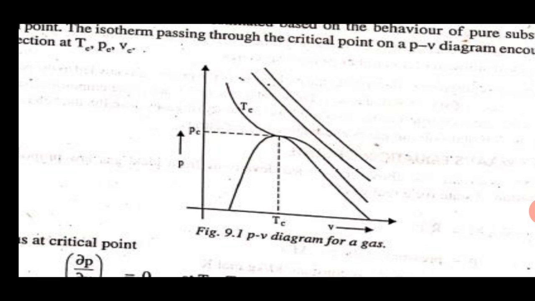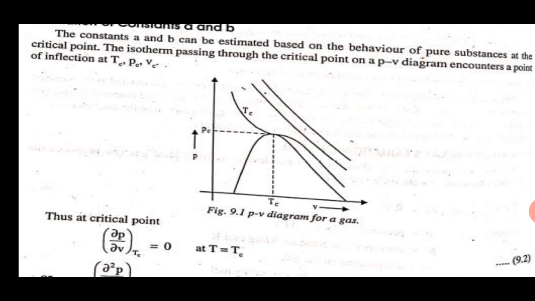You have this bell-shaped curve, and even for water vapor, you have something called the critical point. The corresponding pressure is known as critical pressure, and the corresponding temperature is known as critical temperature, designated by Pc and Tc. Subscript c stands for critical, meaning at that critical point.